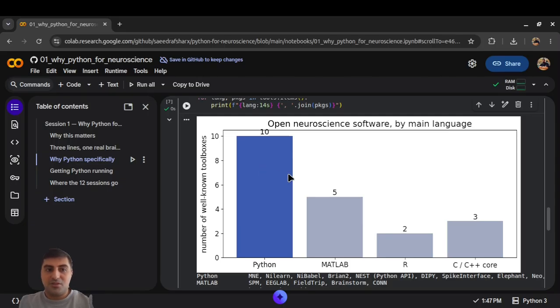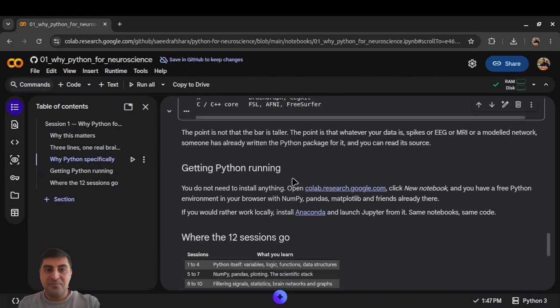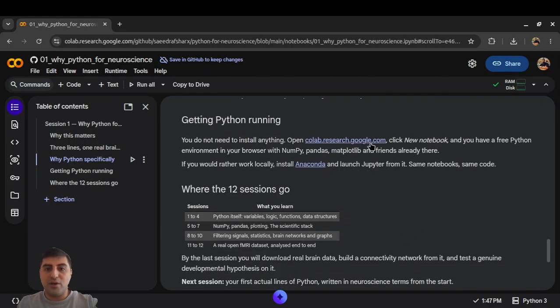Getting it running takes like 10 seconds, basically. All you have to do is open up Colab. You need nothing: no installation, no admin rights on a lab machine, no negotiation with any IT person. You just go to colab.research.google.com, sign in with a Google account, all free, click on new notebook, done.